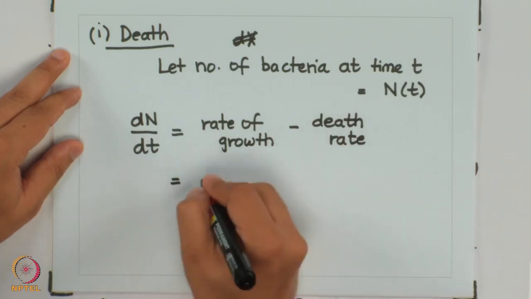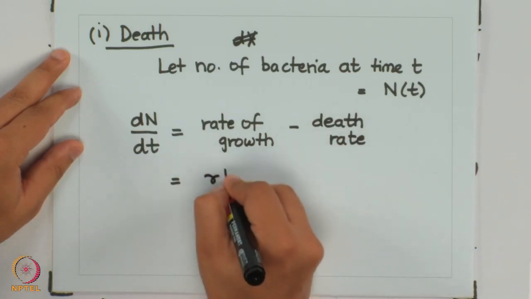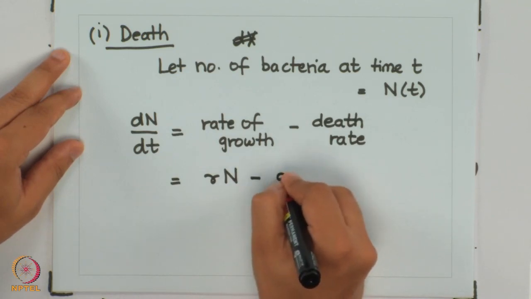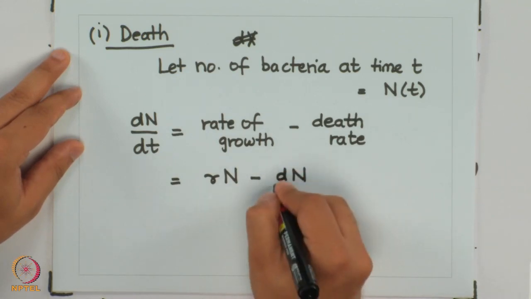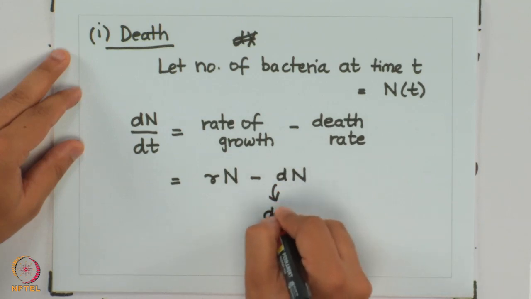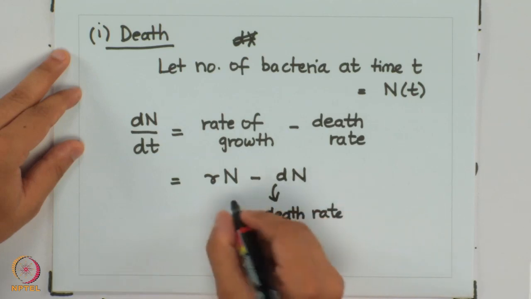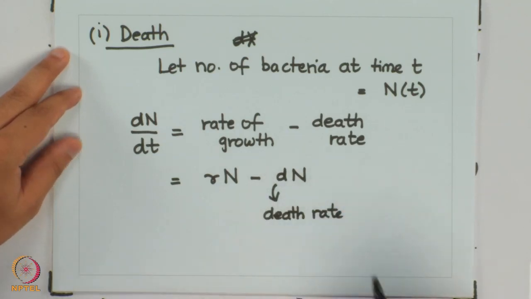And this we saw can be written as r times n, where r is the rate of growth, and death rate can be approximated as d times n, where d is the death rate and n in both these cases is the number of bacteria at that particular time t, which is n(t) here.